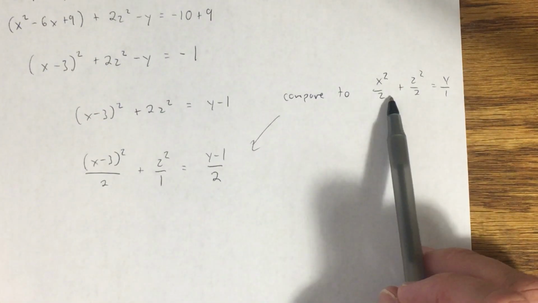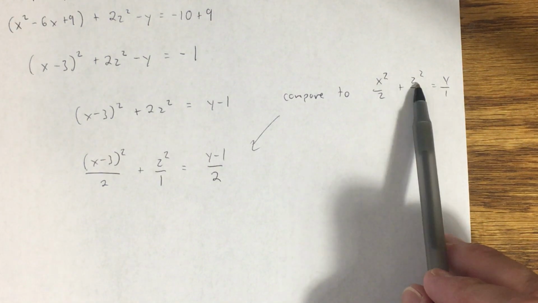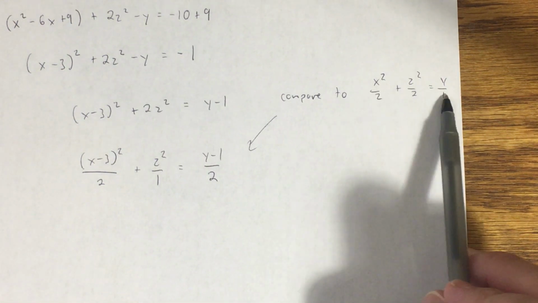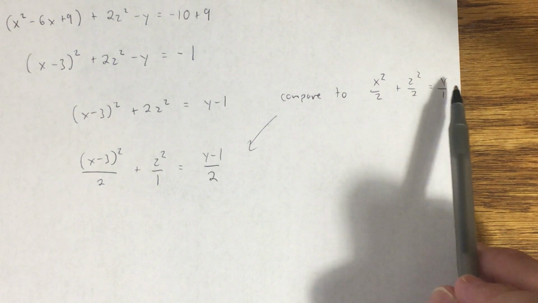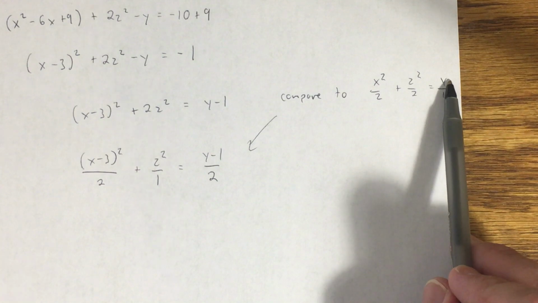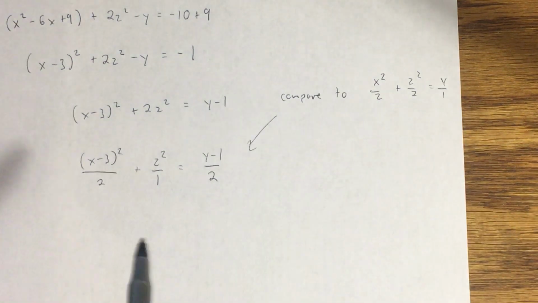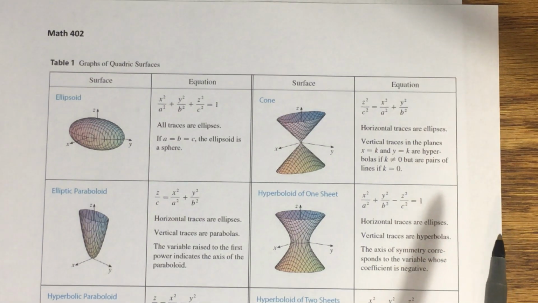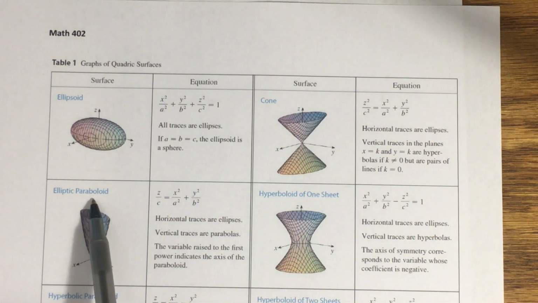So on the left, I have 2 of my variables that are being squared. Both terms are positive. And then on the other side of my equation, I have the third variable that is linear. It's not being squared, and it too is positive. Which equation does that resemble? To me, it looks like this elliptic paraboloid.